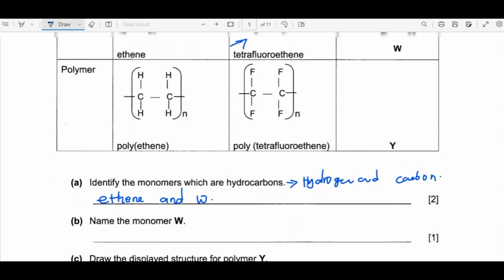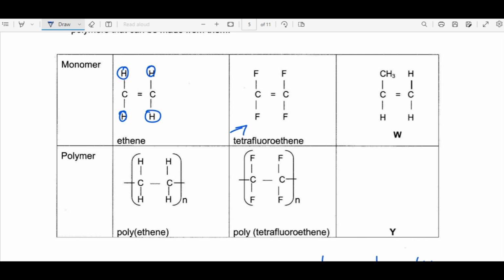So how can we name this monomer W? The first one, we need to look at the prefix. The prefix is just the number of carbons. We start with meth, which is 1, then eth, 2, prop, 3, but, 4. Let's just end at pent, which is 5.